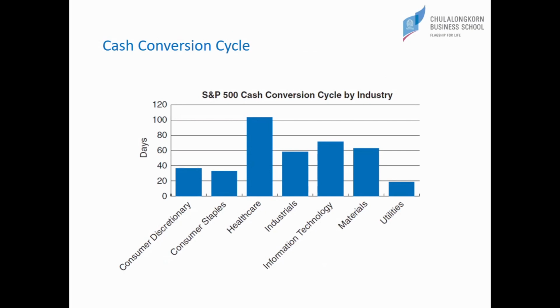So that's why the cash conversion cycle is very low for utilities companies. So you see that the cash conversion cycle can be very specific to the industry. So you have to make sure that you compare this cash conversion cycle to peers in the same industry, right?